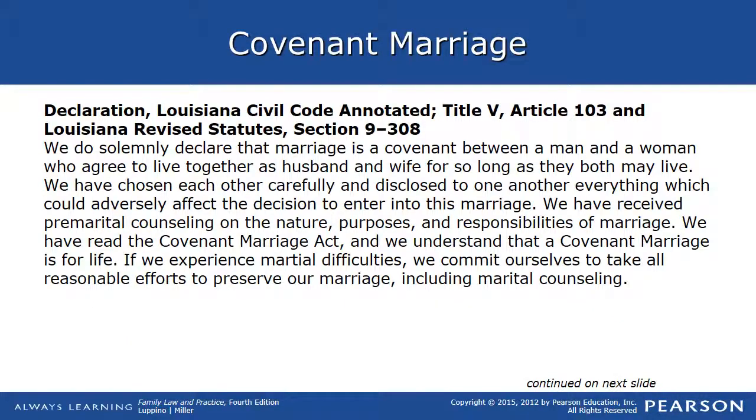This is an example of the Covenant Marriage Code of Louisiana, and you can look that up if you want to. It explains that they've thought about it carefully before getting married. They had premarital counseling. They understand that covenant marriage is for life, and if there are marital difficulties, they want to take reasonable efforts to preserve the marriage, including marital counseling.